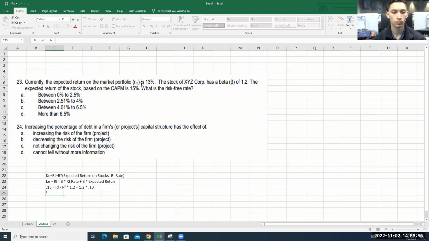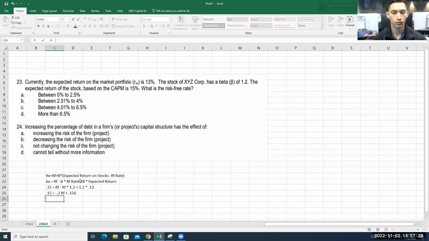So if you do that math, you have 0.15 equals risk-free rate minus 1.2 risk-free rate. So that's minus 0.2 risk-free rate plus 1.2 times 0.13, that's 0.156. You just keep doing the math.